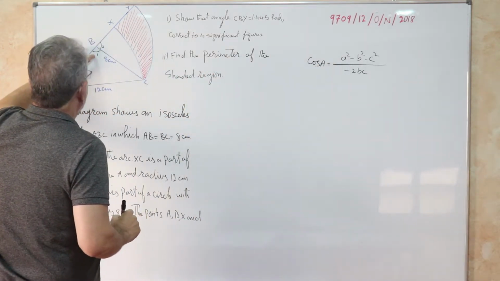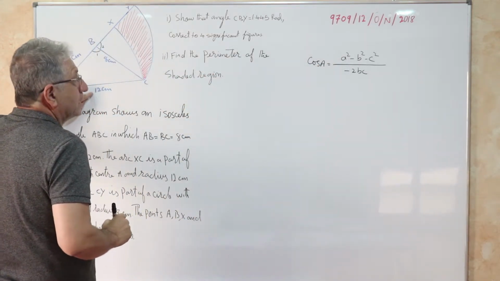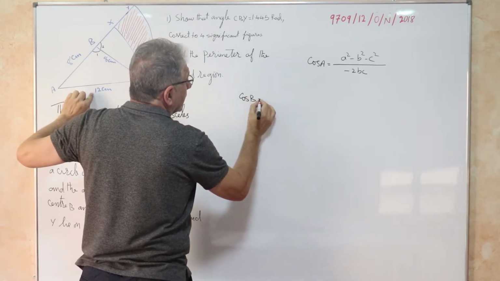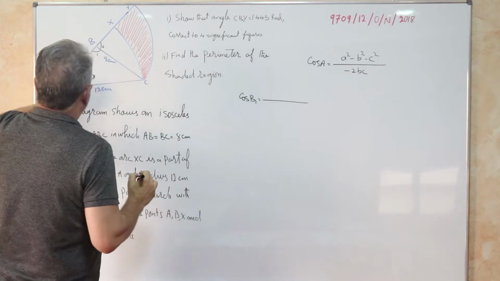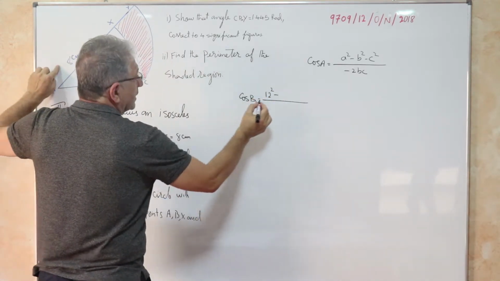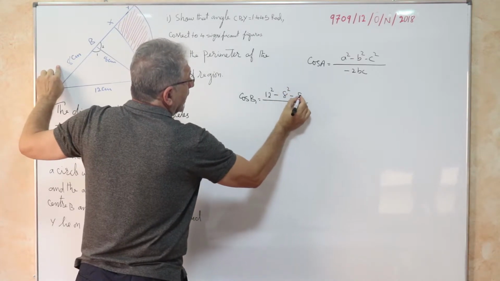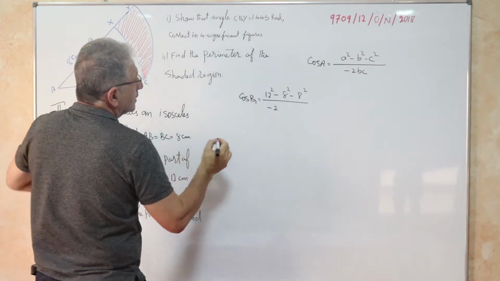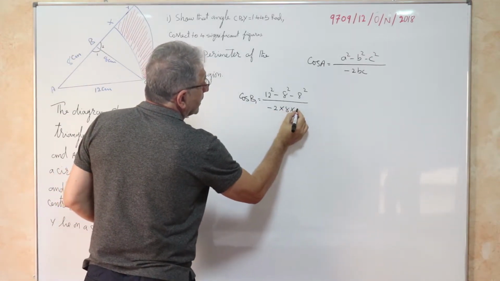So if I am going to find cos B1, the opposite of B1 is 12. Therefore 12 squared minus 8 squared minus 8 squared, divided by negative of 2 times 8 times 8.